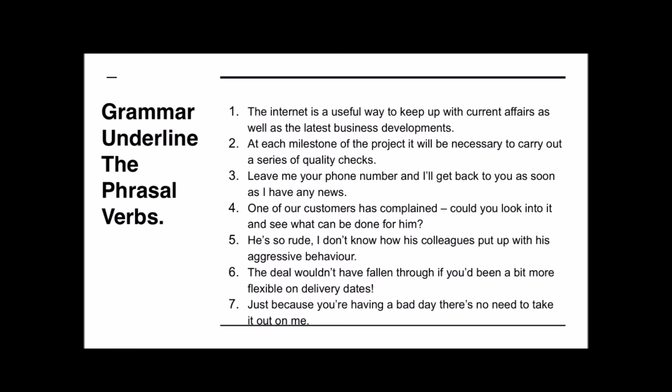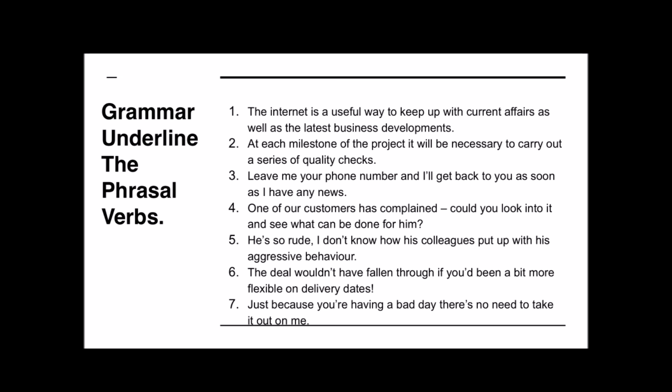So what is the phrasal verb in that one? If you look at that and read that yourself, okay, and then find out. And then the second one, at each milestone of the project it will be necessary to carry out a series of quality checks. Okay, so there's a phrasal verb there.